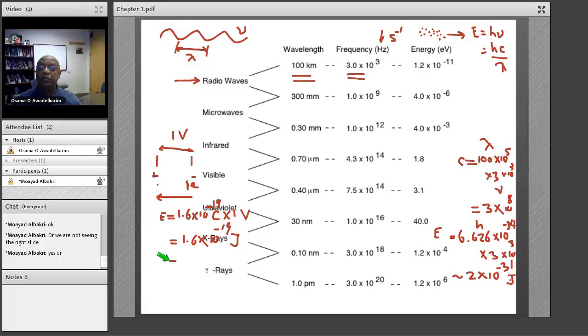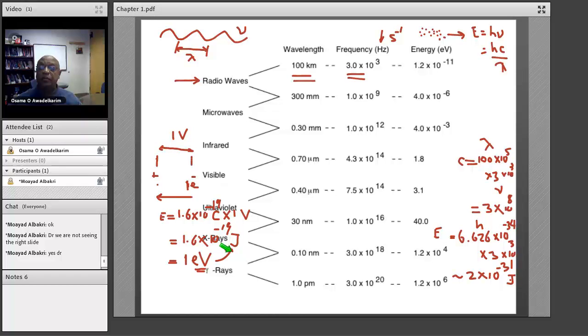Now, let us call this energy, because it's an energy of 1 electron in 1 volt difference, let's call it 1 electron volt. So 1.6 times 10 to minus 19 joule is 1 electron volt. So this electron volt unit is 1.6 times 10 to minus 19 of a joule.